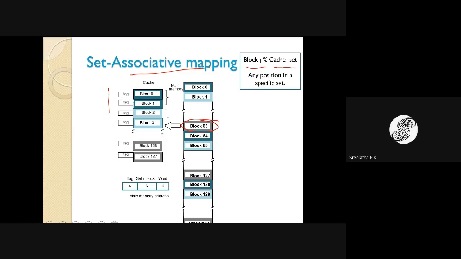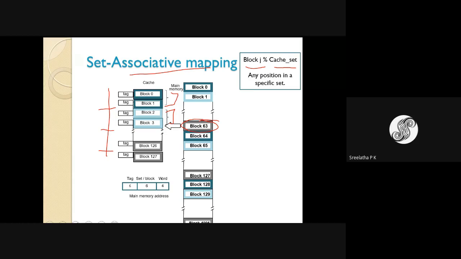The cache memory is divided into a number of sets. In this particular example, there are 2 blocks in one set.